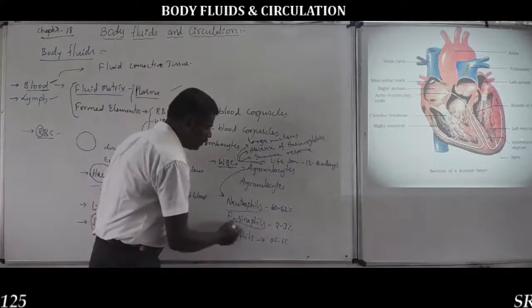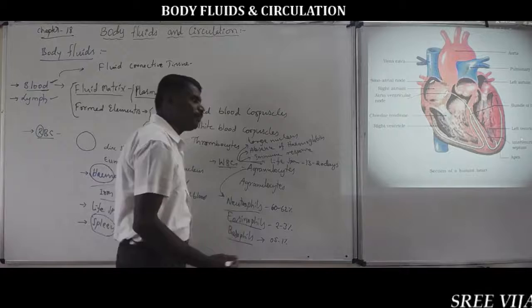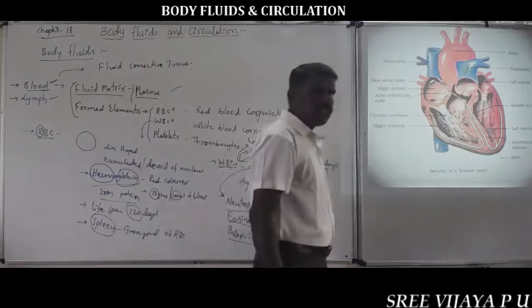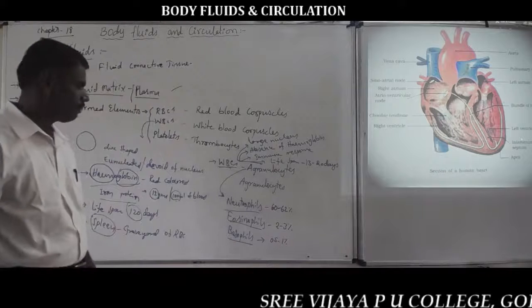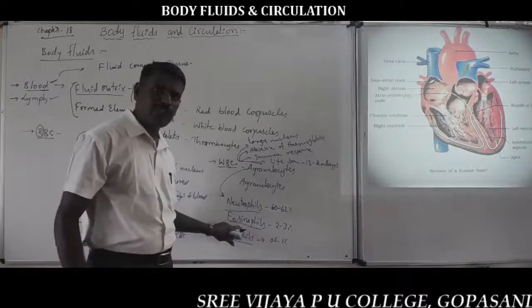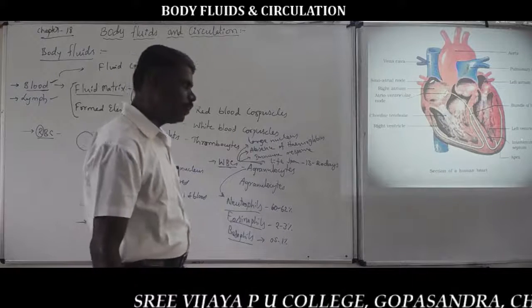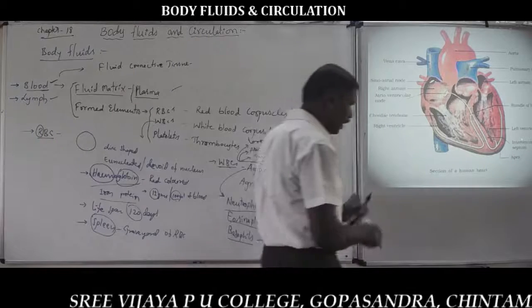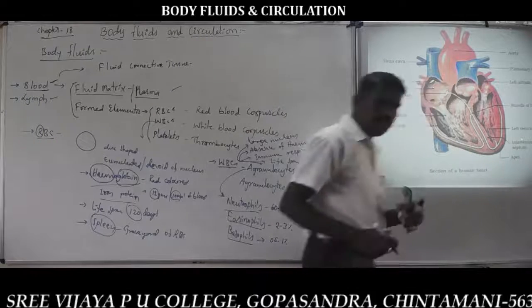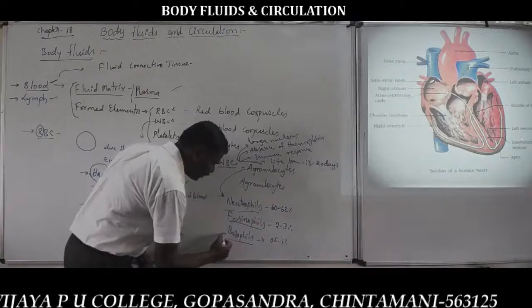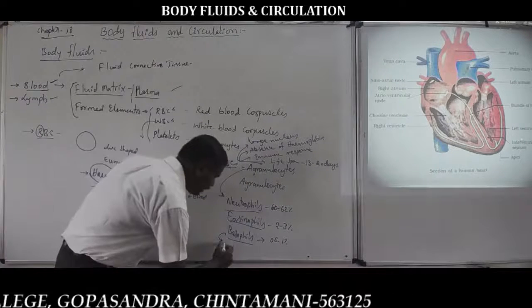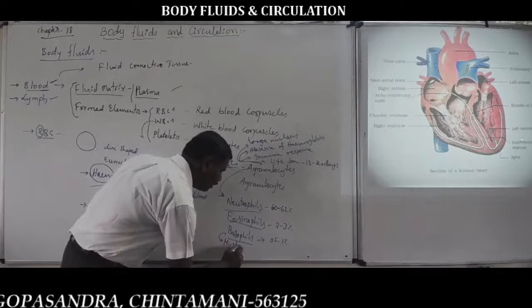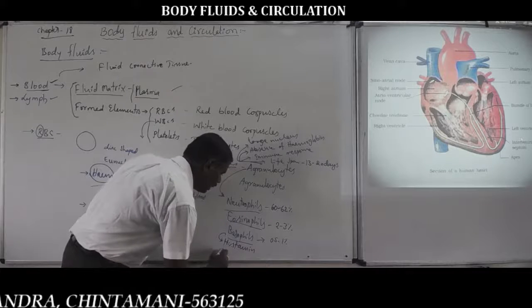In their functioning, the neutrophils are involved in phagocytosis, eosinophils help in immune response, and basophils secrete different chemicals like histamine and heparin.